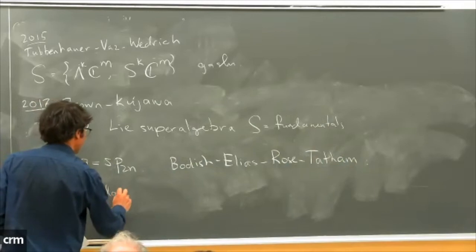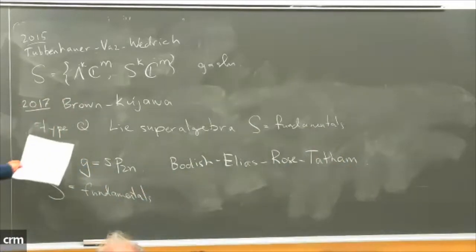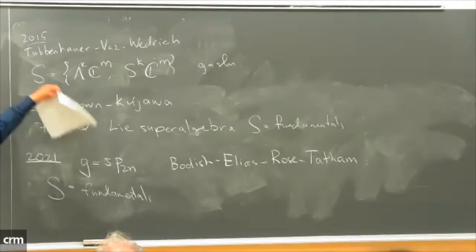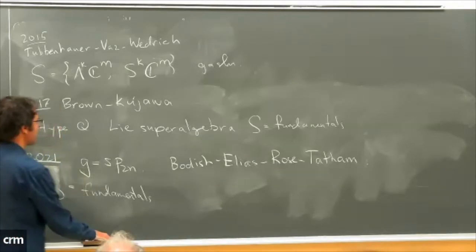Q stands for pairs. Why is this called type Q? I never completely understood, but in the normal Lie algebras it's A, B, C, D, and so on. And then for super Lie algebras, I think Q stands for queer. But was there a reason?